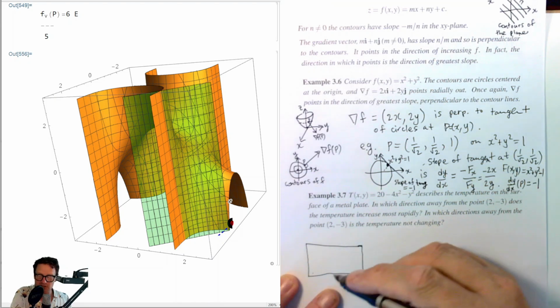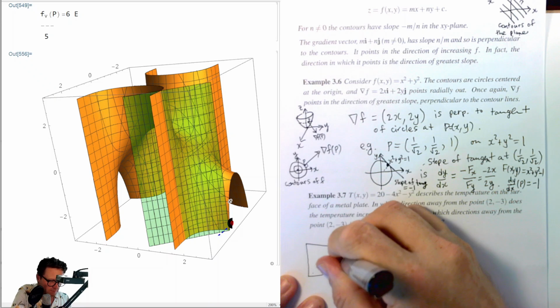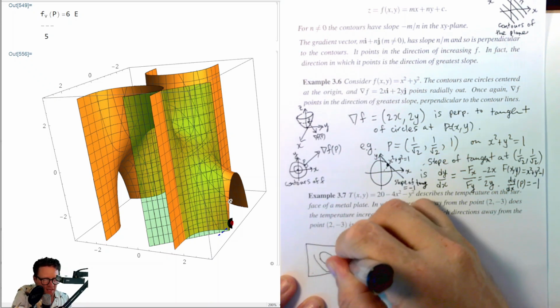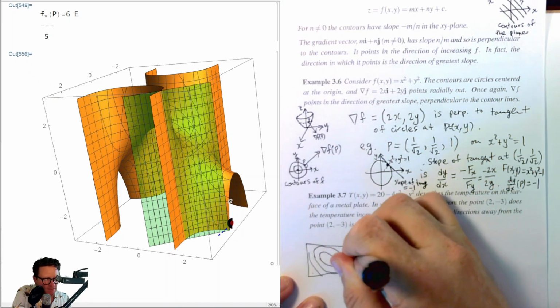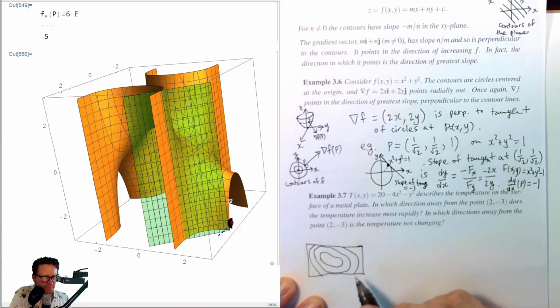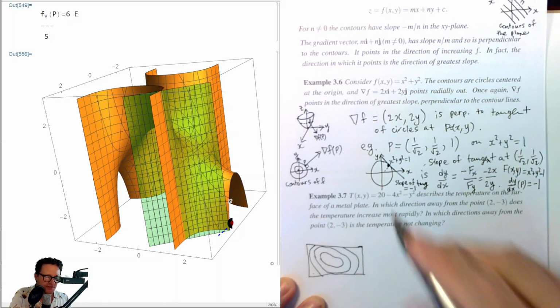And then let's draw some isothermals, curves on which you have the same temperature, something like this. And then of course the metal plate has a boundary, right? So isotherms are these curves here. So they are contours of the surface.